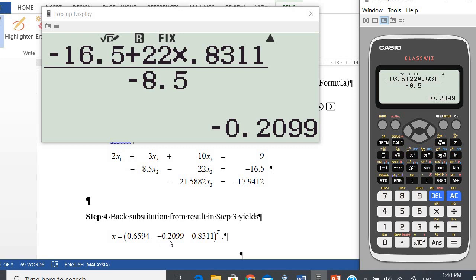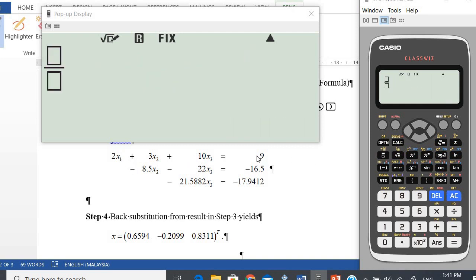So you get negative 0.2099. Plug in x2 and x3, you can solve for x1, which is 9.